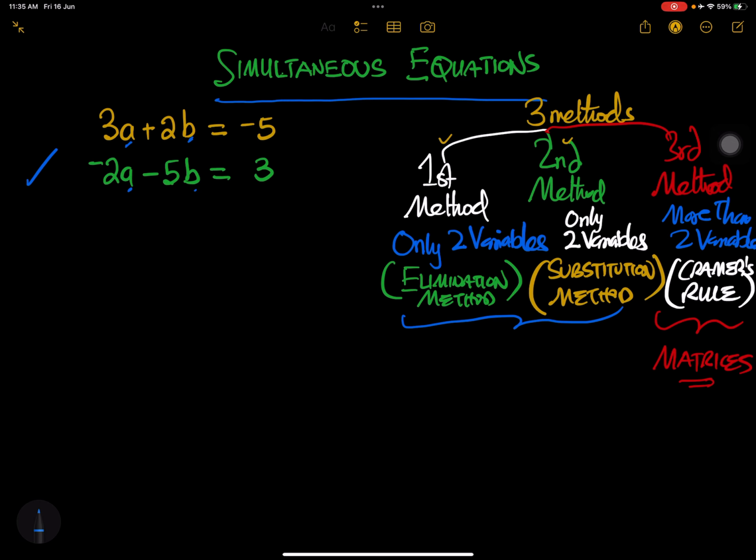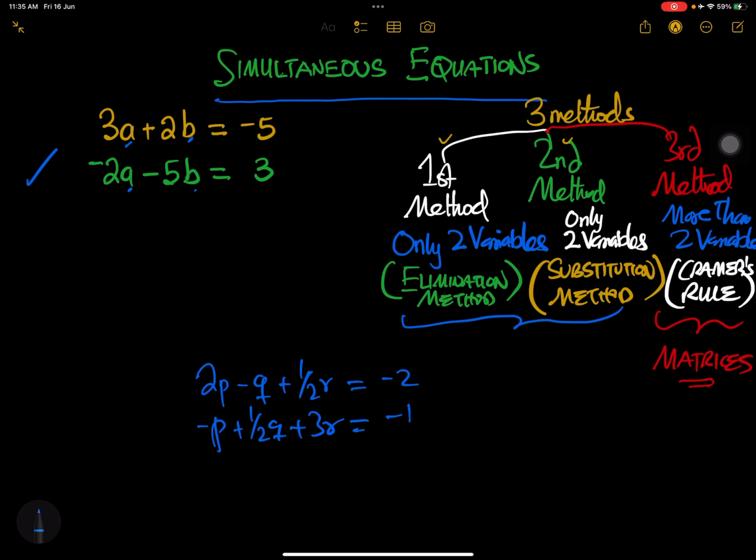So I hope you see where we are coming from and what we intend to do. Simultaneous equations can be done where there are two variables or three variables. If I say three variables, it could be that you are being told to find 2p minus q plus half of r is equal to negative 2. Also, negative p plus half q plus 3r is equal to negative 1.